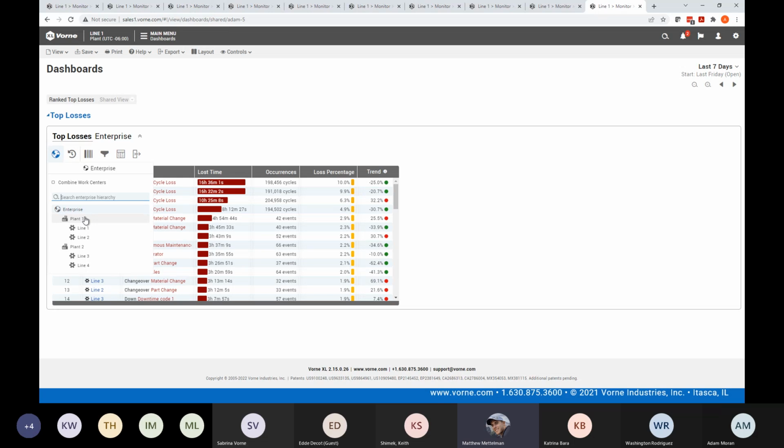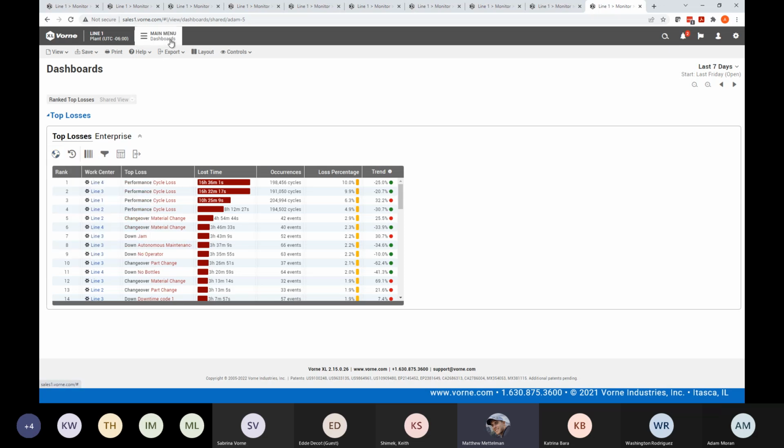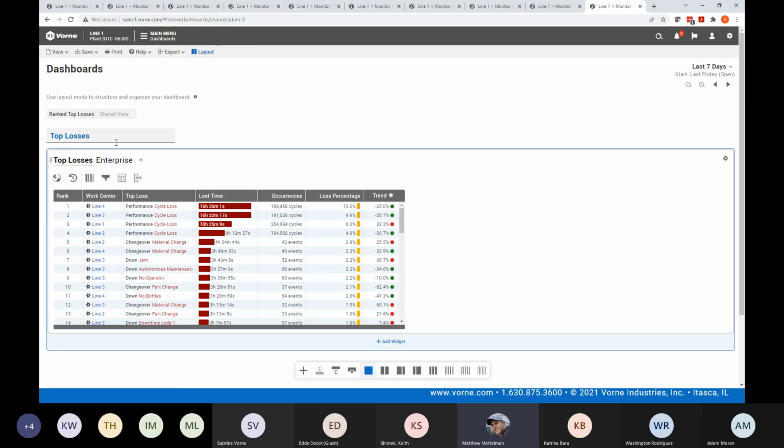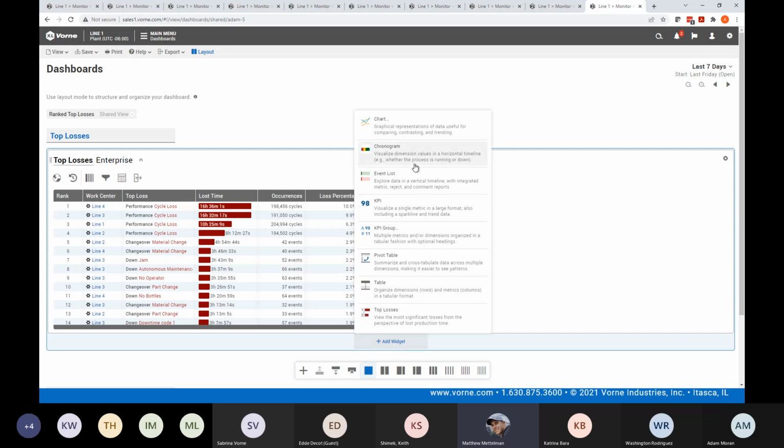So the asset hierarchy is what Adam's hovering over currently in the presentation. This is what allows you to tell Vorne which specific lines or which departments in your plant to pull the data from. So in essence, dashboards are highly customizable in that you can curate the data for a particular line or aggregate it to show rolled up views across multiple lines within a plant.